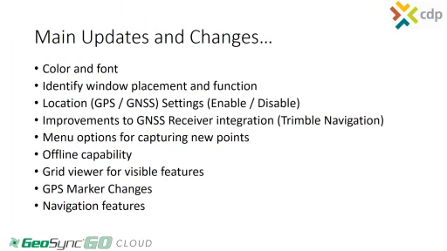Offline capability, that's a critical component, we think, for the mobile. GeoSync GO Plus is really designed to be an online application, so it drives a lot of its power from being that web component where we have access to the web, but occasionally we can't have access to the web. We need to be able to go offline, and what we'll look at today is really the beginning of that offline capability.